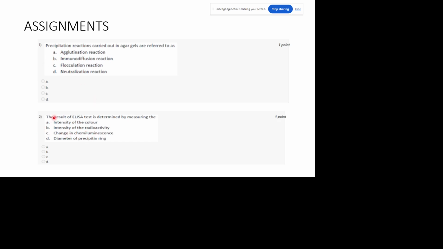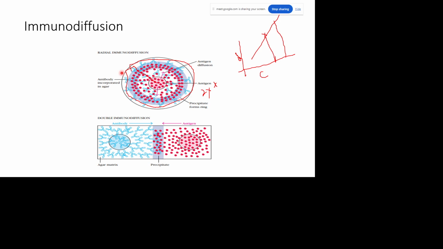Next, the result of an ELISA test is determined by measuring the intensity of the color, intensity of the radioactivity, change in chemiluminescence, or diameter of the precipitant ring. Precipitant ring diameter is measured for the immunodiffusion assay, right? For radial immunodiffusion, this diameter or radius is measured.